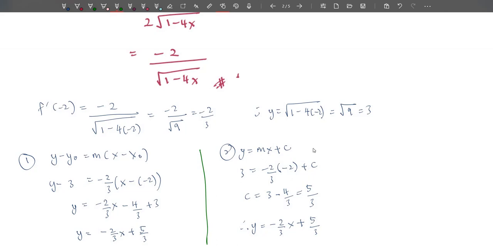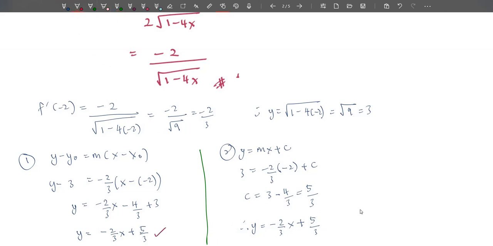So we need to determine the value of c first. Here we have c is equal to 3 minus 4 over 3, because this one is positive 4 over 3, but when we rearrange it to this side, it will be minus. So here we have c equal to 5 over 3. And the final answer is therefore y equal to negative 2 over 3x plus 5 over 3.